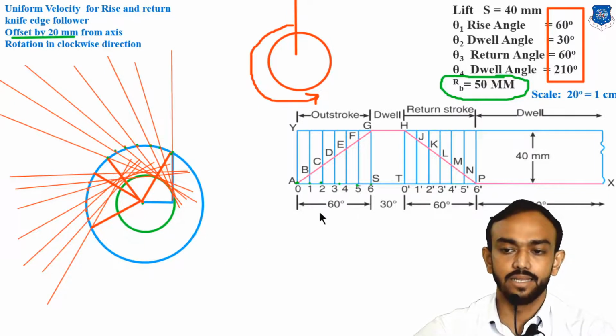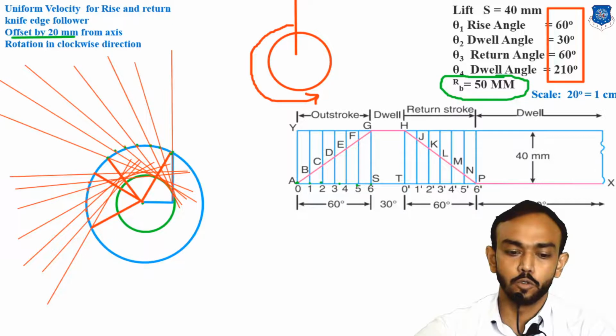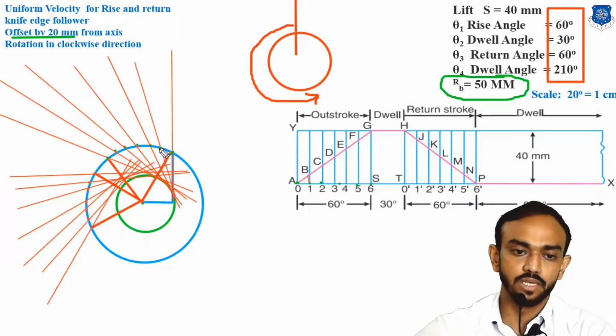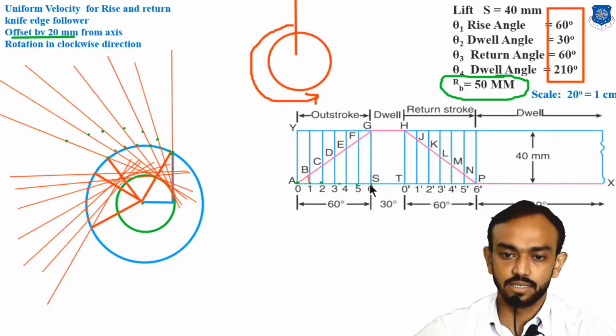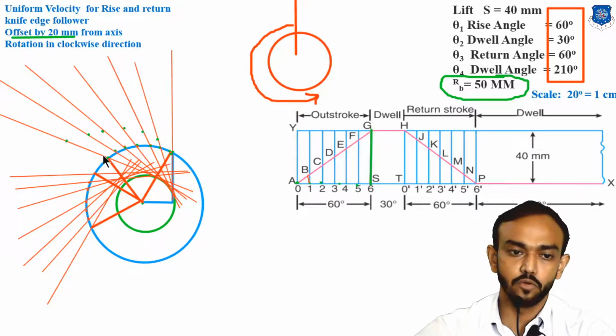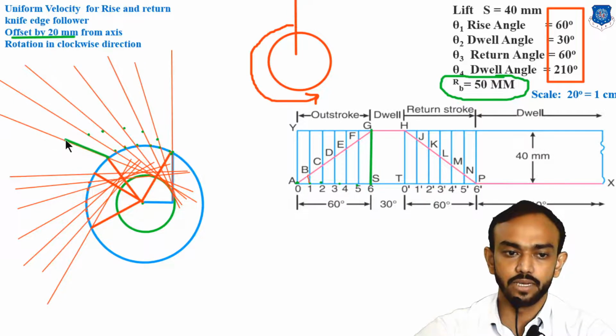After that, you have this distance, you know, 1 to B. From this point 1 you will get this point here, like A is here, then B, C, D, E, F and G. You measure this distance 6 to G and apply this distance from here.